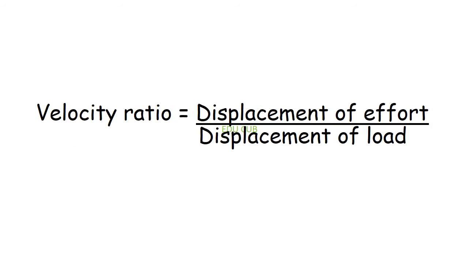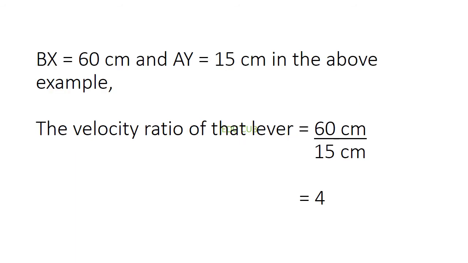Velocity ratio is displacement of effort divided by displacement of load. According to mathematics, the same value can be obtained by dividing length of effort arm by length of load arm. The larger the velocity ratio of a machine, the smaller the effort that should be applied on it.